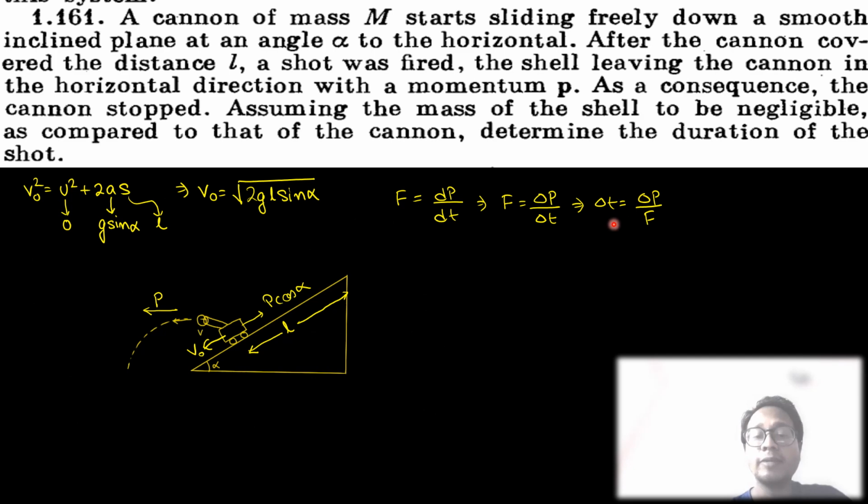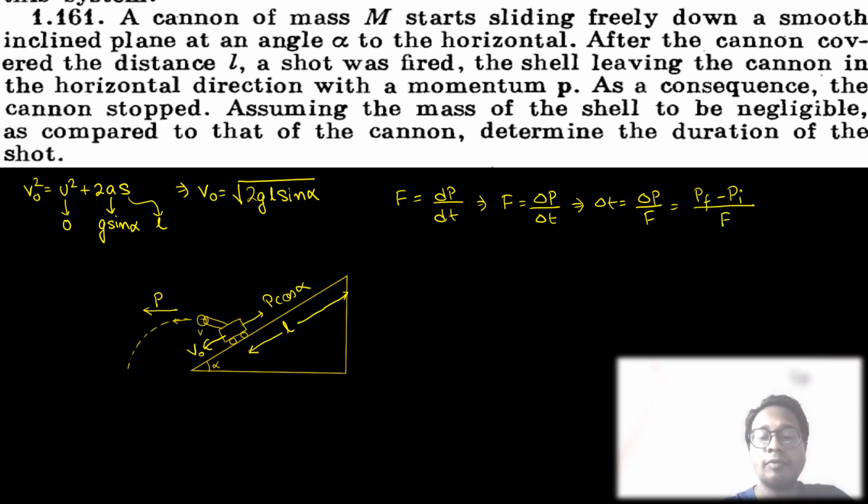Now delta p is nothing but change in momentum, no? What is the final momentum? Final momentum was nothing but mass of the cannon into v naught, or delta p is nothing but final momentum minus initial momentum, divided by force.